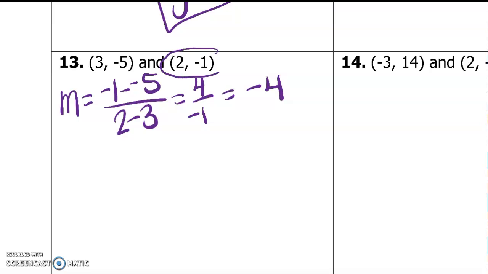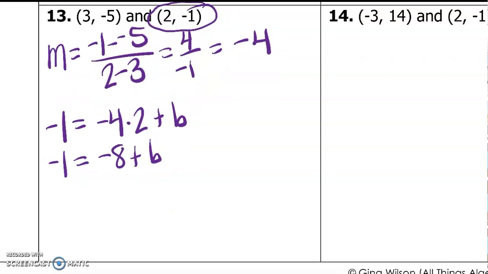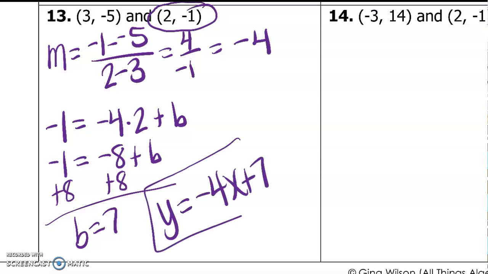I'm going to use this one because it's a little smaller. -1 equals -4 times 2 plus b. -1 equals -8 plus b. Add 8 to get b equals 7. So our final answer is y equals -4x plus 7.